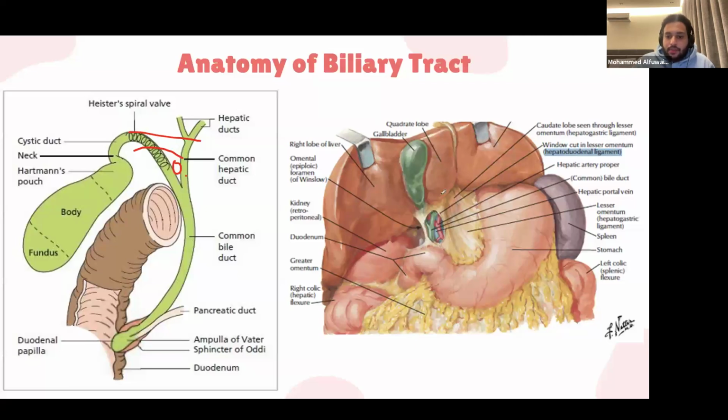Anyways, in this diagram, we have this ligament over here, which is basically the hepatoduodenal ligament. What is the hepatoduodenal ligament? It contains three important structures: the common bile duct, the hepatic artery, and the portal vein. If a patient has any liver hemorrhage, you clamp this ligament, and it usually will tell you the source of the bleed.